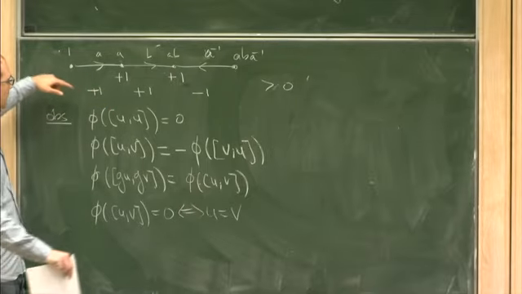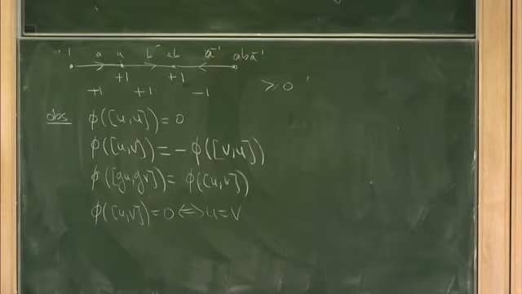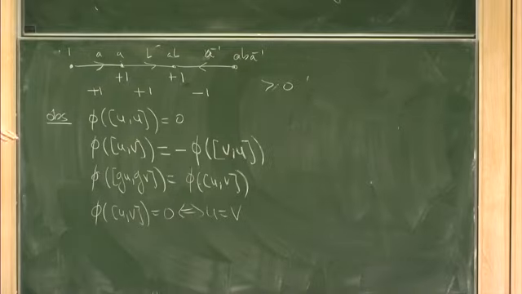Okay? If you have, in this case, a length 3 path, you have 3 edges, but you have only 2 vertices. Okay? So in a length n path, you have n edges and n minus 1 vertices. So at the end, you are adding an odd number of 1s and minus 1s, so you cannot get 0.